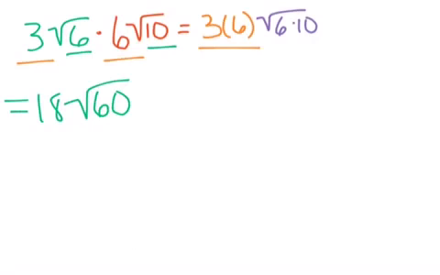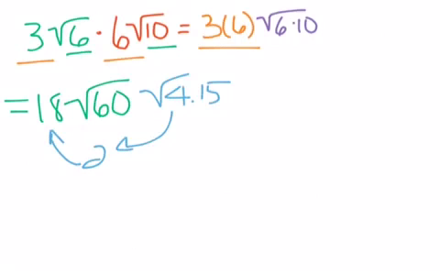That would be 4 times 15. Okay? So the square root of 4 is 2, so you're going to pull that 2 out of there and multiply it to our 18. That is going to equal 36 square root of 15. Okay? And that's all that we're doing here.